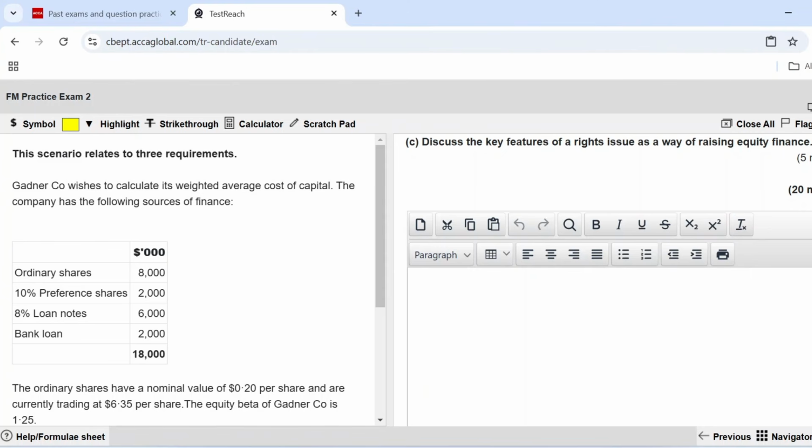Whenever you have to ensure that the company will receive the funds that they need, rights issues are underwritten as a form of insurance. That means whichever shares are not taken up by your existing shareholders will be taken up by the underwriters, and for this the underwriters are going to charge underwriting fees.